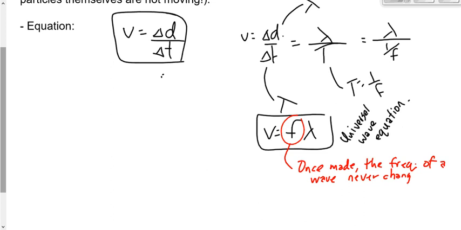Even when we go from one medium to another, even when the speed changes, even when the wavelength changes, the frequency will not. If we have 10 vibrations per second in this wave, 10 crests per second, 10 troughs per second, even when the speed increases or decreases, you're still going to have 10 vibrations per second.